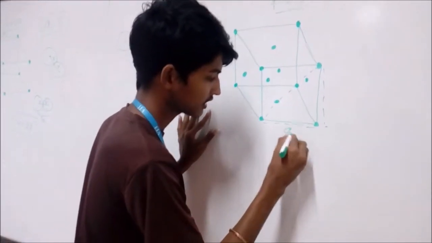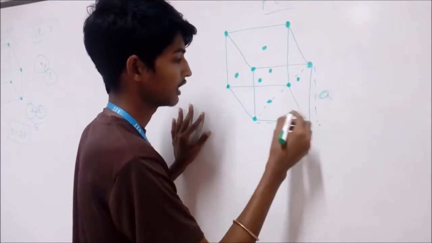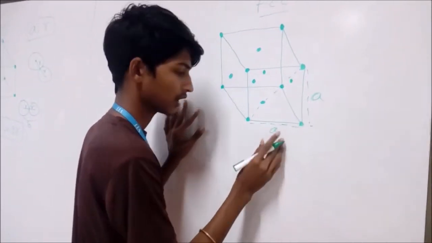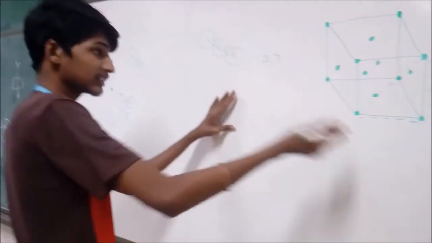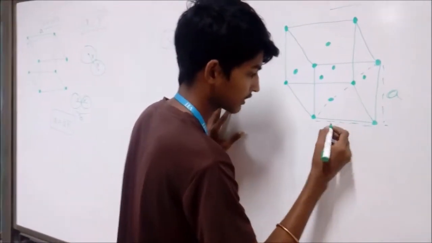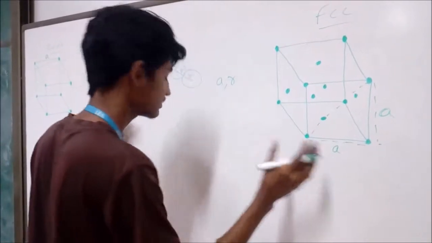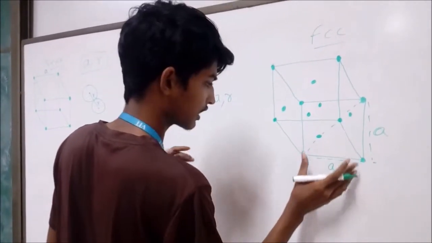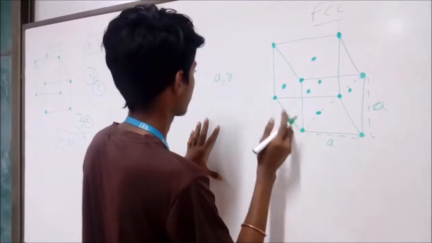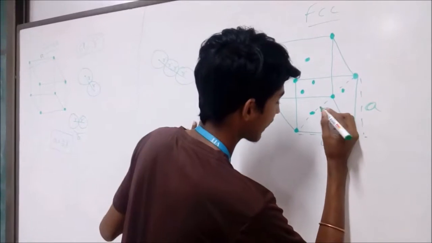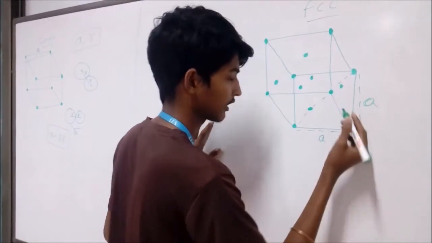Because this is A and this is also A, we have to calculate the distance between here. In an FCC we can't just generally take the relation between A and R like a simple cell, because we also have an atom in the face of the cell.